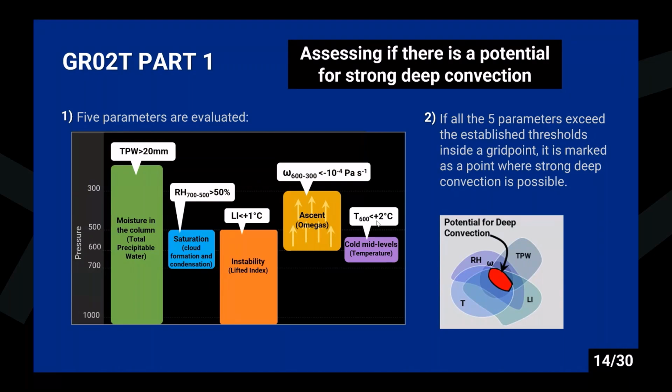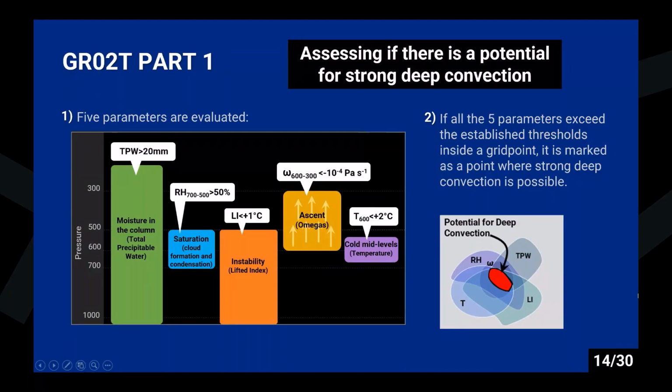It might be tuned depending where you are. Anyway, so to decide if you have a potential for strong deep convection, these 5 parameters need to align. So if one of these parameters doesn't reach the threshold established, then the algorithm says, nope, there's no chance for deep convection. So you need the 5 of them to reach these thresholds, right?